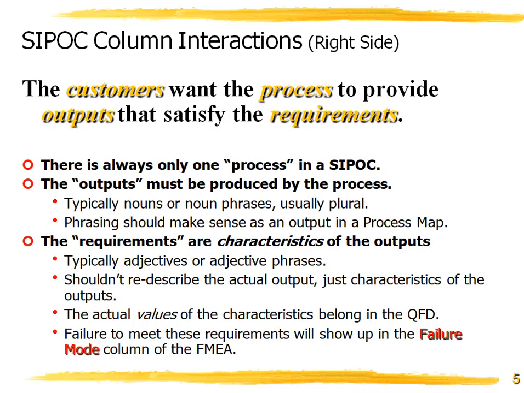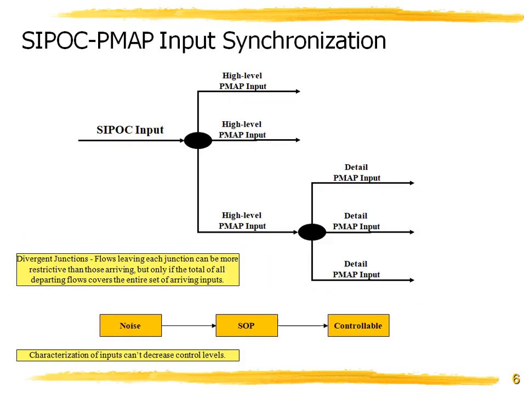Likewise, on the input side, I want to be able to make very similar statements. The customers want the process to provide outputs that satisfy the requirements. So on the output side, on my output requirements, I want to make things work in that way. My inputs can diverge as I come through the system, as I worked out going from noise to standard procedure to controllable. Again, going back to my plumbing analogy, the input might be the water main, but the water main doesn't connect to anything in my house.